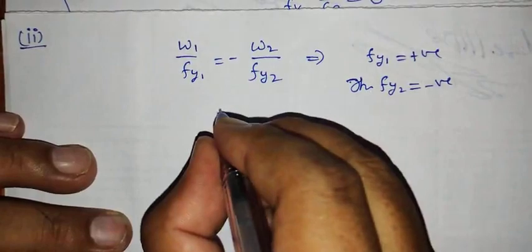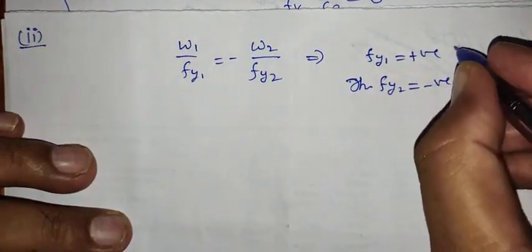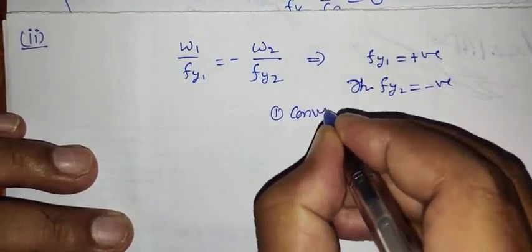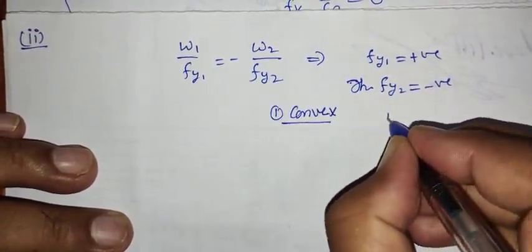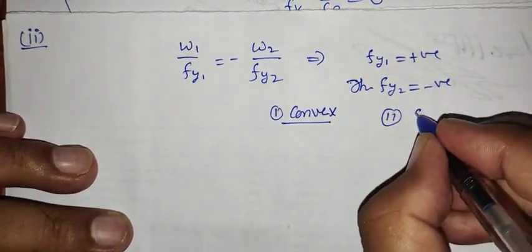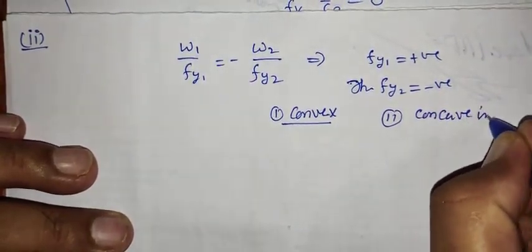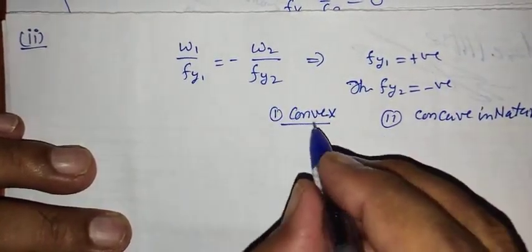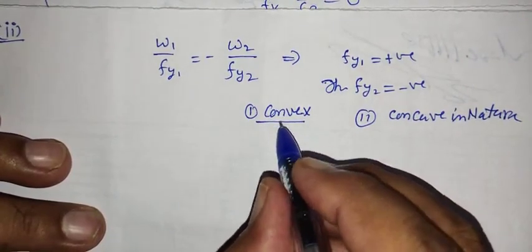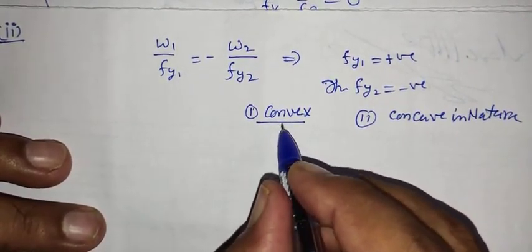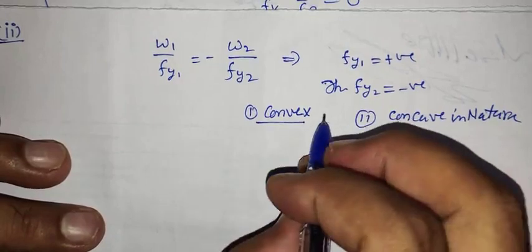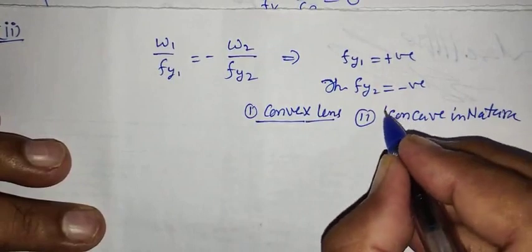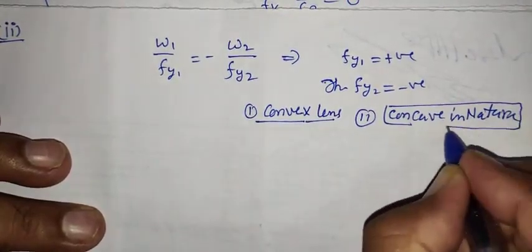It means both lenses should be of different nature. If one is convex in nature, the second lens must be concave in nature. So two things are very important in the combination for achromatism. Both lenses must be made up of different materials, and out of them, if one is a convex lens, the second must be a concave lens in nature.